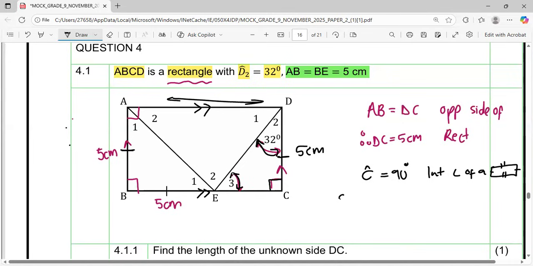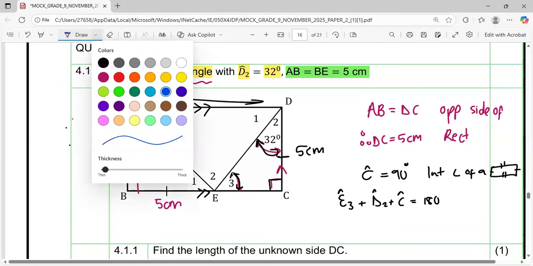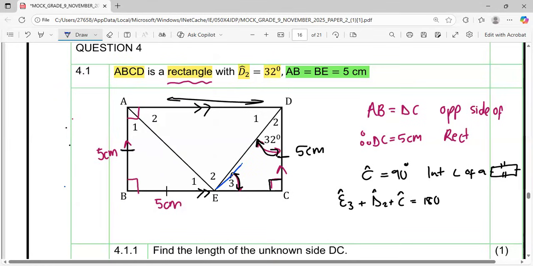So we can say angle E3 plus angle D2 plus angle C should give us how much? 180. Because now we're talking in relation to this triangle here, that triangle there. Right?